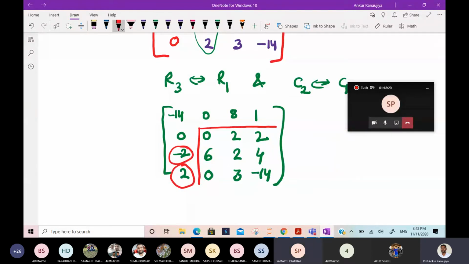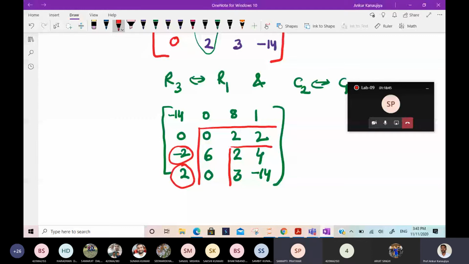Minus 14, then again we have to interchange. Like that we have to do. Again in this submatrix we have to find the maximum. So this is called complete pivoting. Overall matrix, then submatrix of size 3 cross 3, then 2 cross 2, then 1 cross 1. First 4 cross 4 overall matrix, then 3 cross 3, then 2 cross 2, then 1 cross 1.